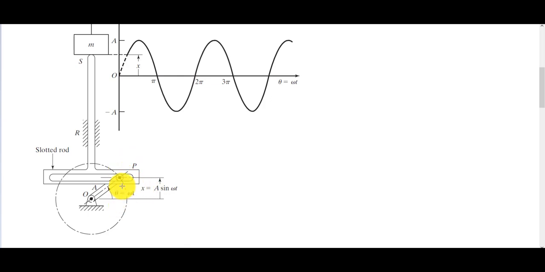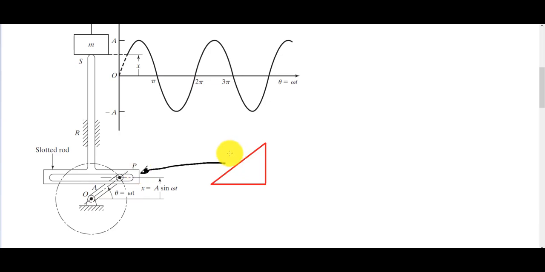So that will be the x at this side, and we form here a right triangle.